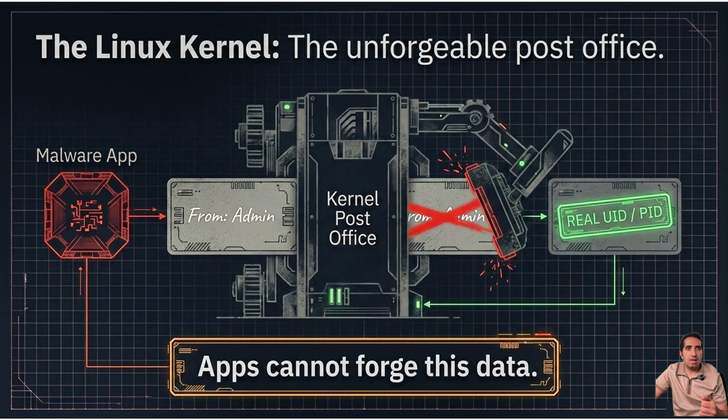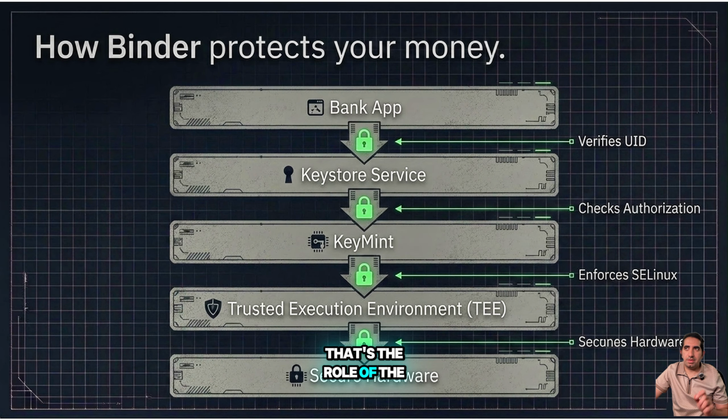When, for example, a malicious app tries to send a message claiming it's admin, the kernel strips away the fake header and stamps the message with the real UID or PID of the process. The app cannot forge this data, making identity theft between processes almost, I can say almost, impossible, but you can see some CVEs about that. So that's the role of the kernel here.